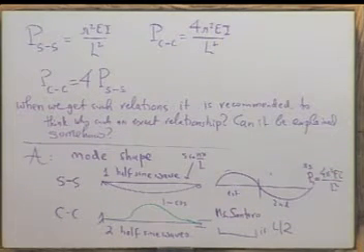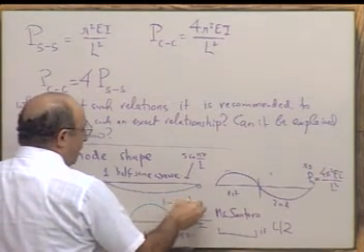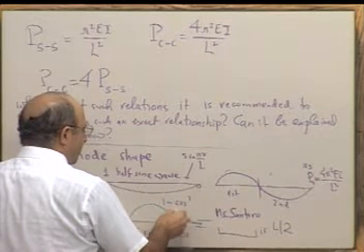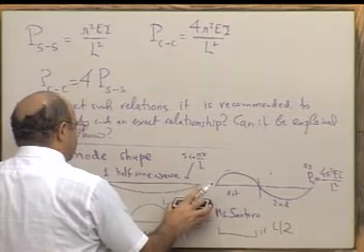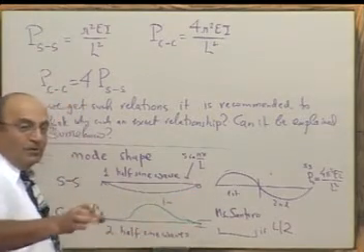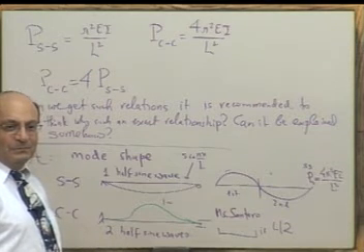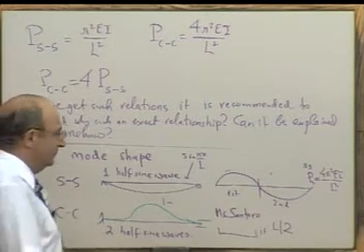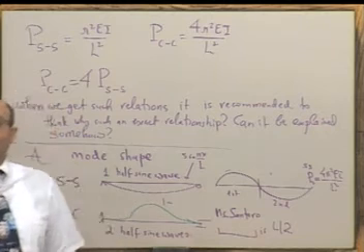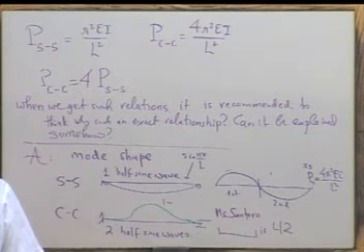So sine KL over 2. It cannot be sine KL over 2 because KL over 2 is a constant. Sine KL over 2 will be a constant number. It should depend upon x.